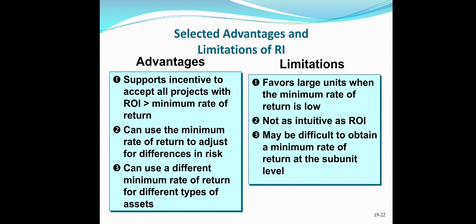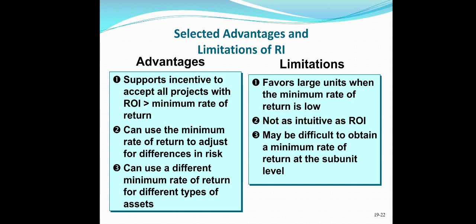But residual income also has several limitations. The first one is it favors large units when the minimum rate of return is low. So residual income is an absolute number. It is not like a ratio. If the business unit is a big business unit, most of the time the amount of the return or net income that can be generated from an investment is big.